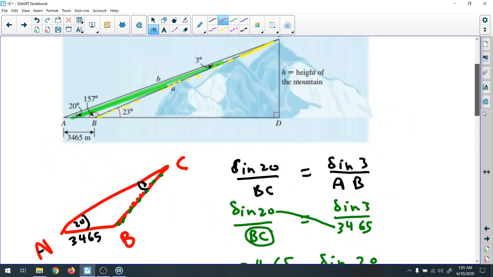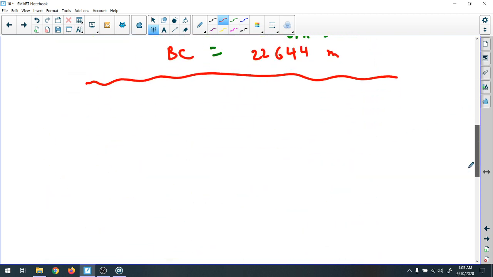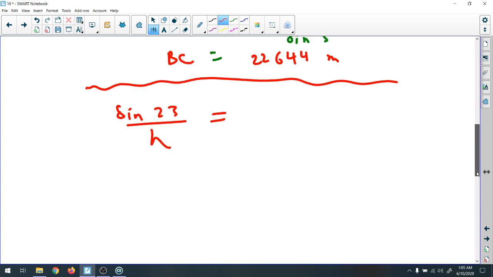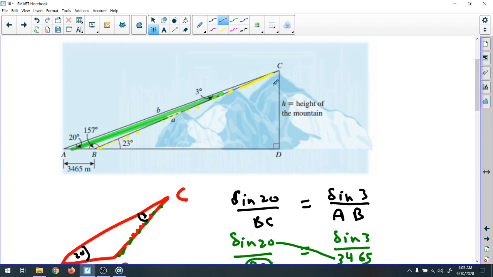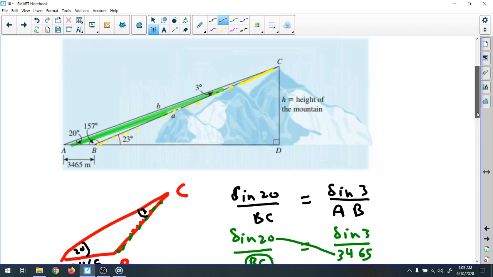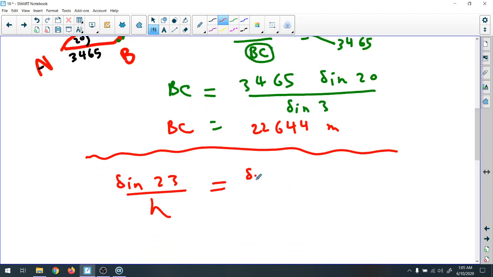Again, let's set this up. Let's just start with our angle, sine of 23 divided by h, the height that we're looking for, equals sine of 90 divided by this side that we got, which is 22,644.